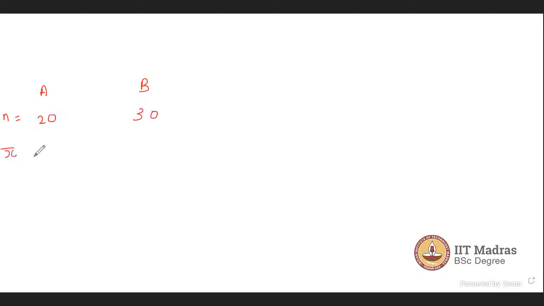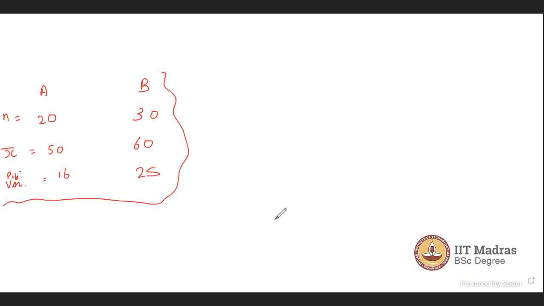The mean is 50 for A and 60 for B, and the population variance is 16 for A and 25 for B, right? This is the information given to you. First you have to find the mean marks obtained by them.